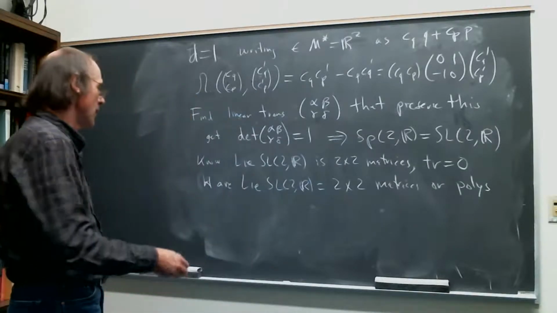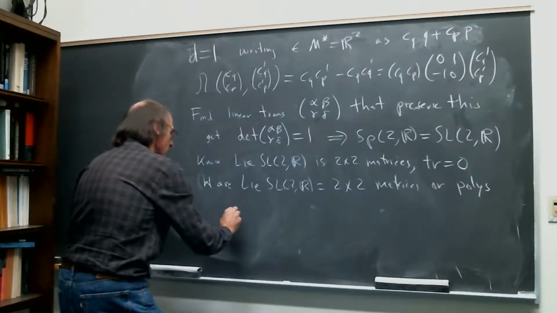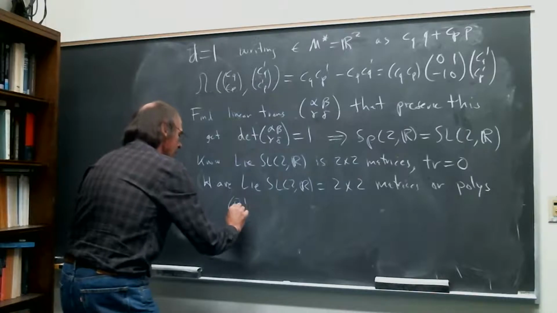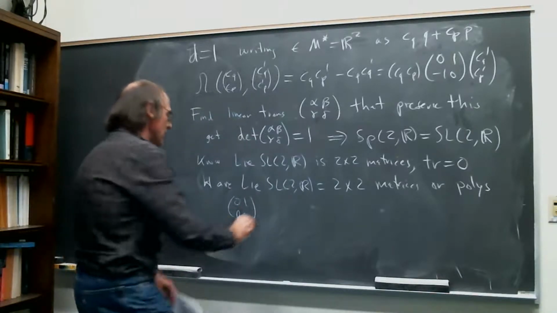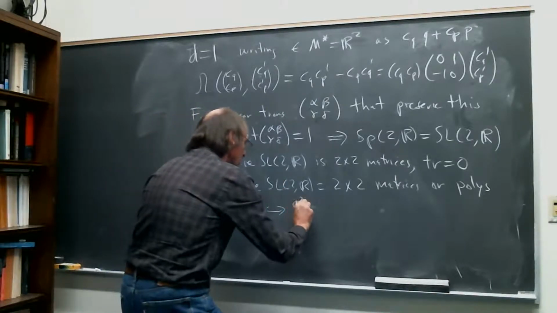I work this out in the text. This basis element corresponds to q squared over 2.